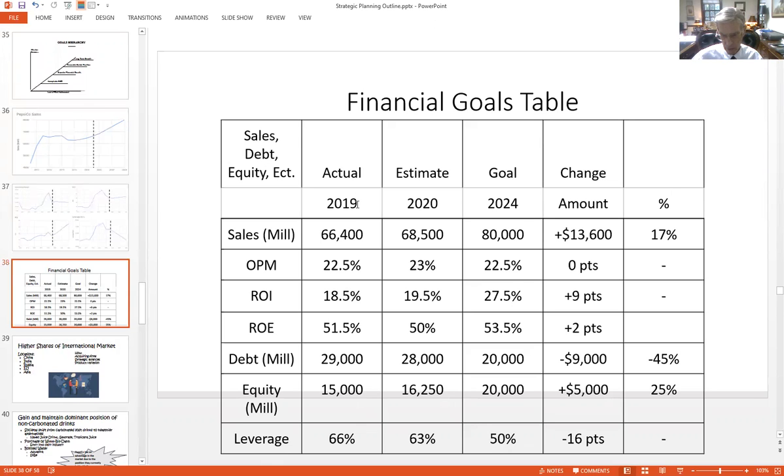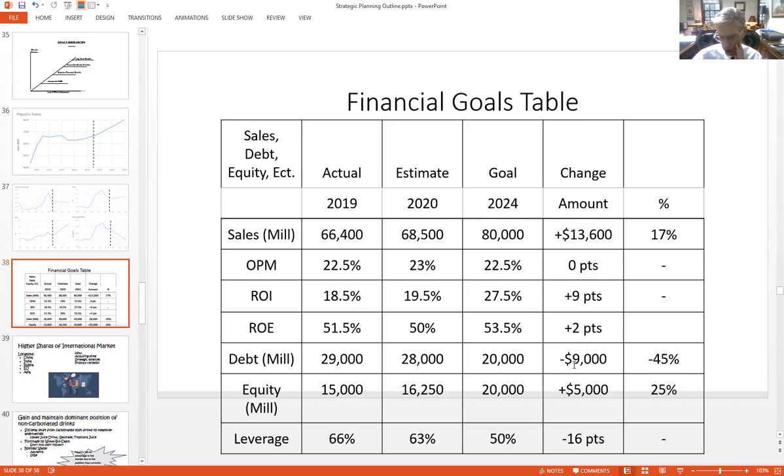And you can see the difference between the actual results and the goal is 5 years. Companies often make 5-year plans, and so that's what you'll see here. And we can put the amount of change in percentages. We don't take a percent of a percent. We just indicate the change in percentage points.